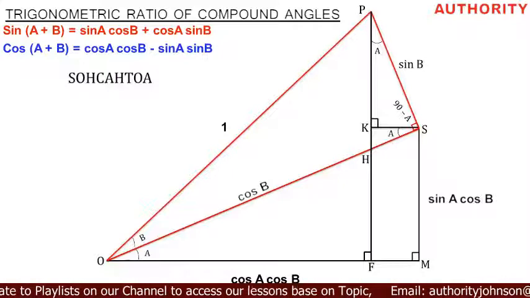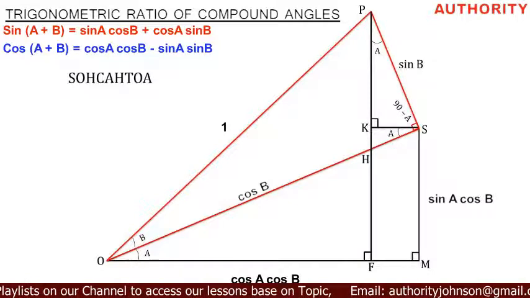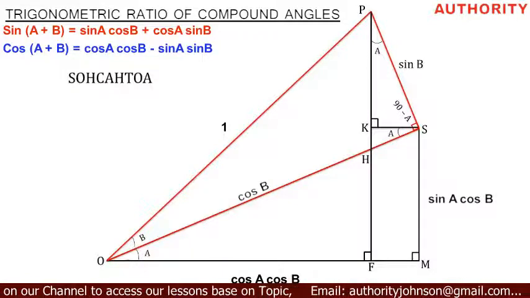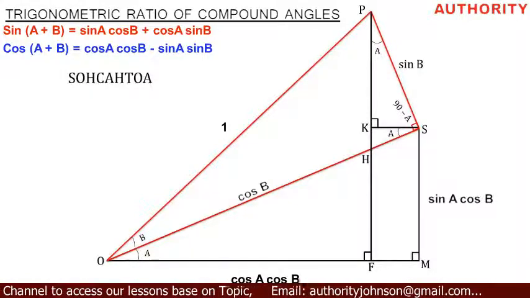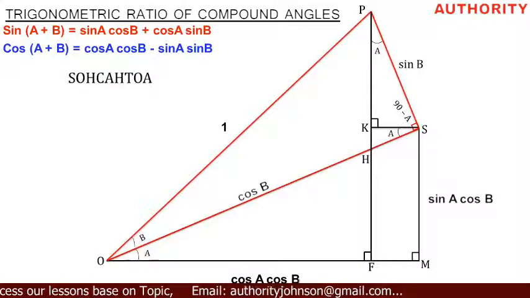On the other side of it, we have A. So initially we have 90 degrees, so this angle will give us 90 minus A. And then we have our angle KPS to be what? A.